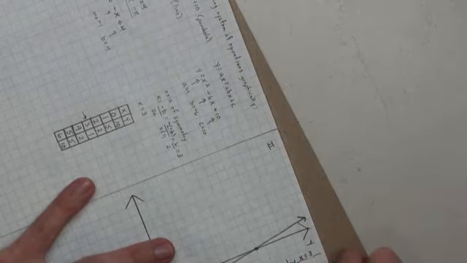Let's write the equation. Y equals x squared minus 6x plus 10.